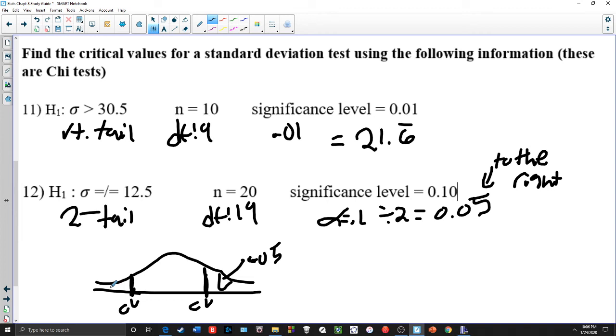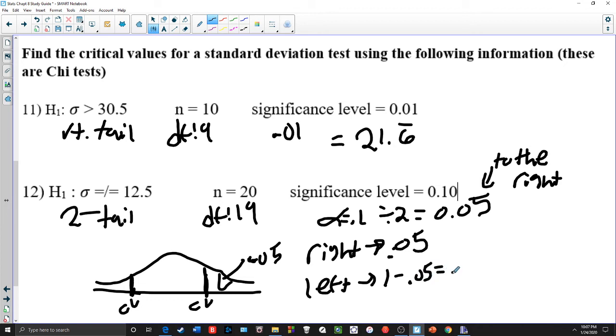So what you're going to look up is two things. You're going to look up the right critical value by using the 0.05 number, which is what we got from dividing by 2. And you're going to look up the left critical value, because remember there are two in a two-tail test, by doing 1 minus 0.05 and getting 0.95, because that would be the area to the left of that critical value.